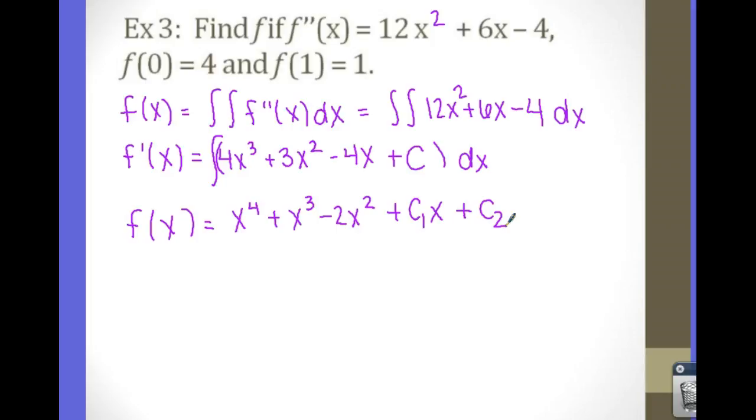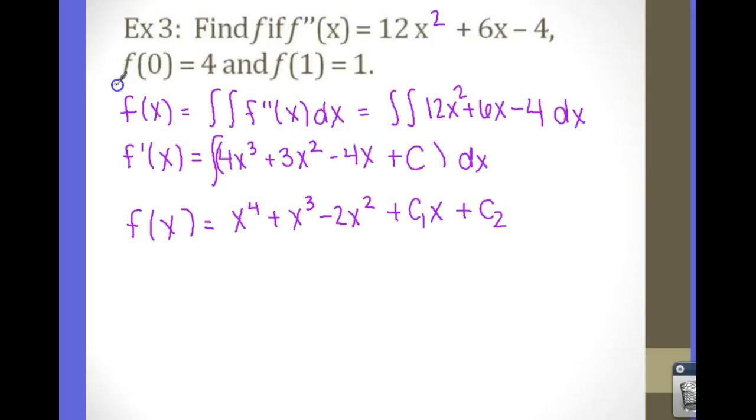Now I have two constants floating in my problem because I antiderived twice. Remember, this represents any real number in the world. If it was 10, you'd have told me 10x. If it was negative 5, you'd have told me negative 5x. You have to treat it like a number. Now we apply the properties to find the values of c. That's why there are two of them.